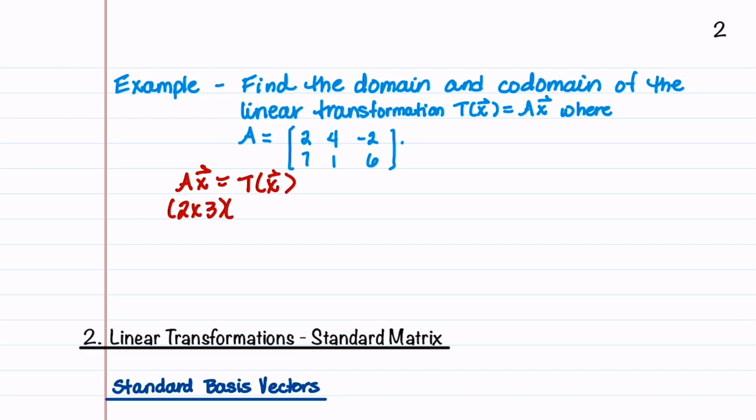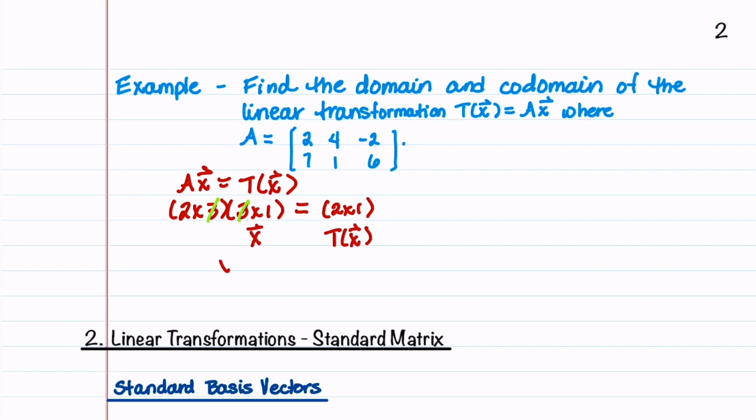Which means x has to be a 3 by 1. We'll put an x under there so we know that's what we're talking about. And then the 3's are going to cancel, and we're going to be left with a 2 by 1, which is our T of x. Let's make a note that x is an element of R3, and T of x is an element of R2.